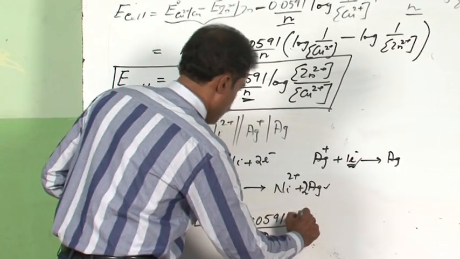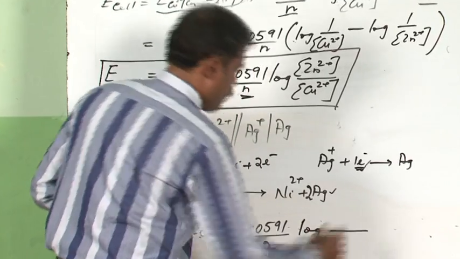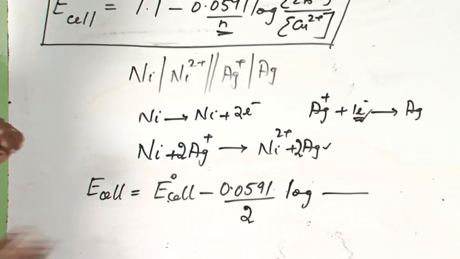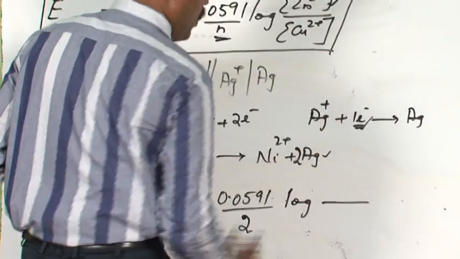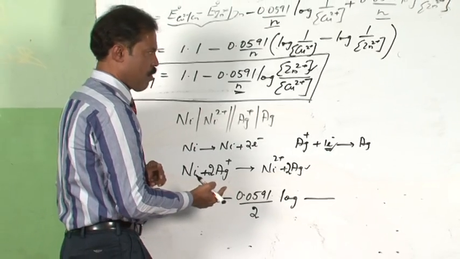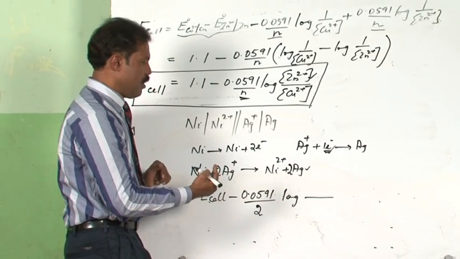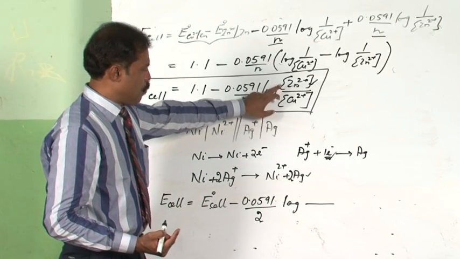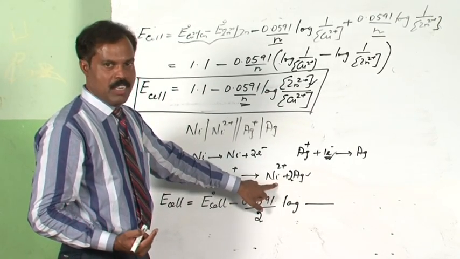But when you write the concentration terms, on the numerator, it is the electrode which is getting oxidized. That also happens to be the product in the equation.